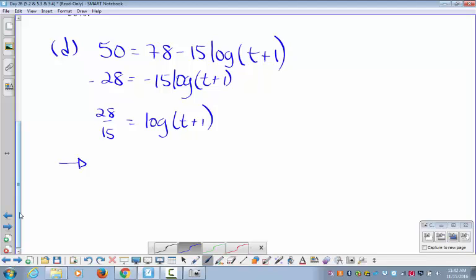Very common. The base on this is 10. So we're going to say that the inside is equal to the base raised to the other side. So 10 raised to the 28 15ths.